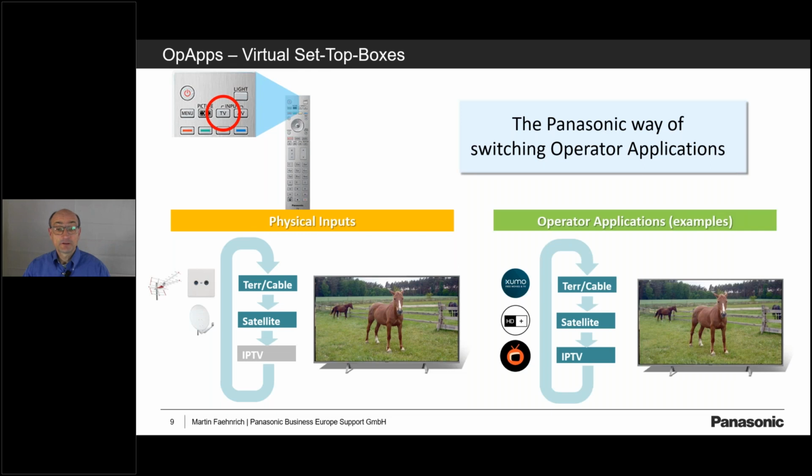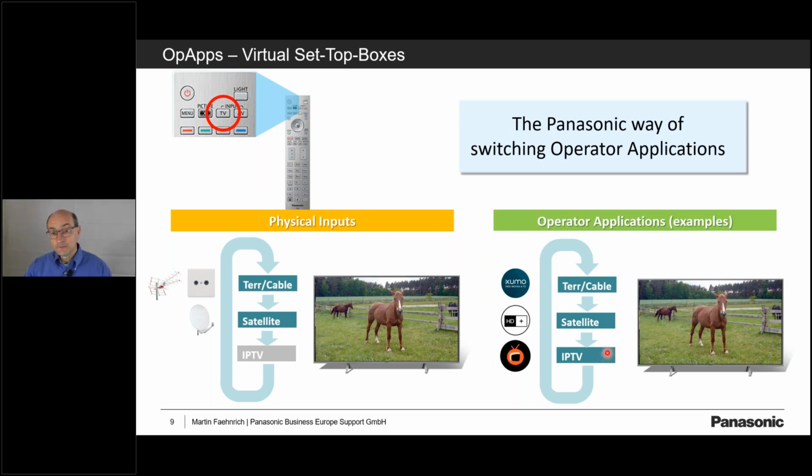But when I, for example, install an OpApp, in this case Zattoo, then IPTV is also available. I can still toggle between terrestrial, cable, or the IPTV OpApp, like it would be on an HDMI 1, 2, or 3.